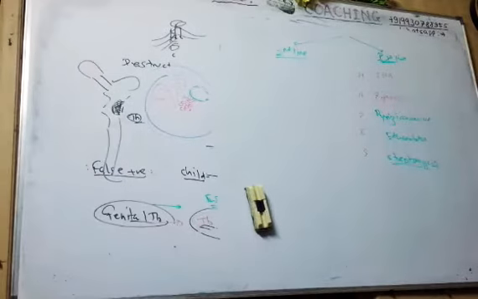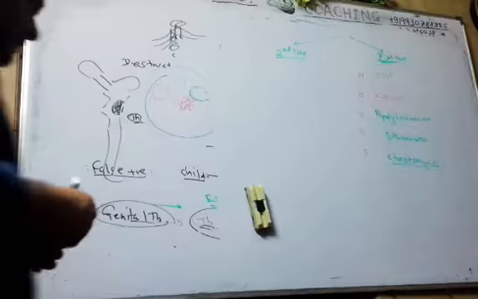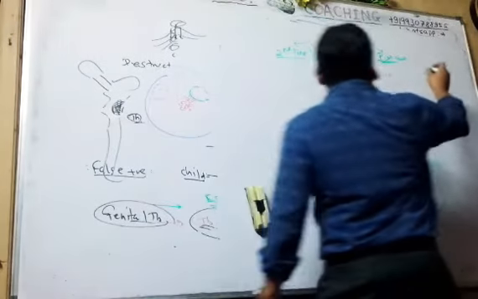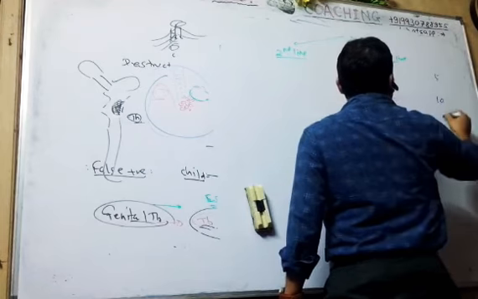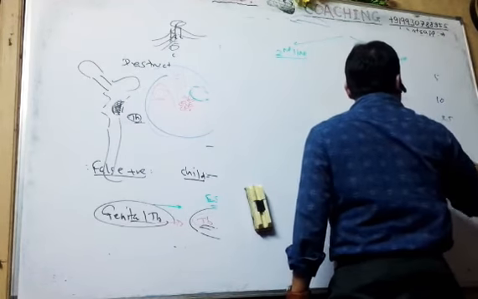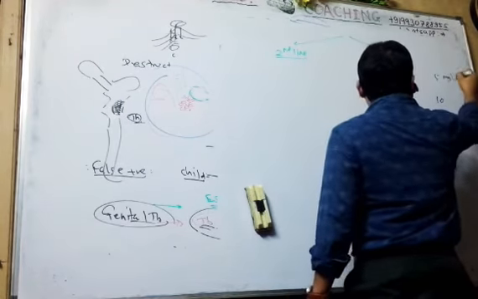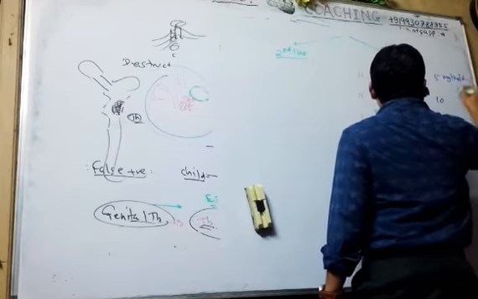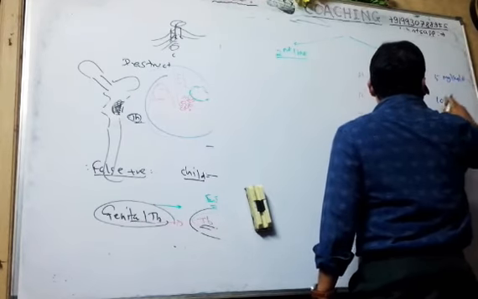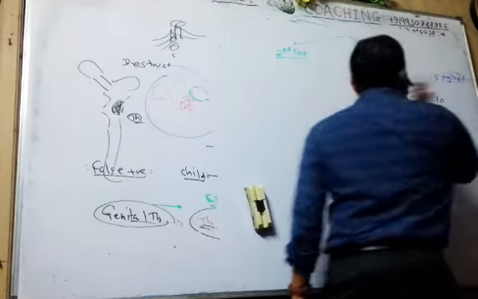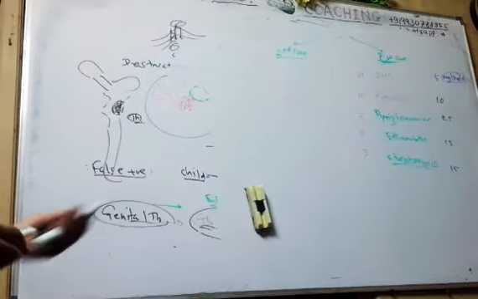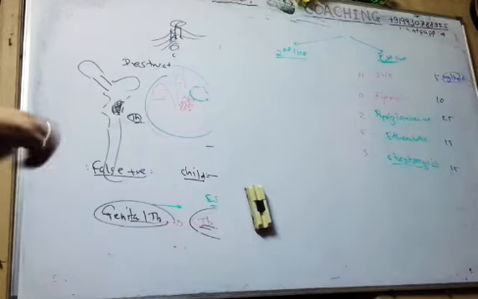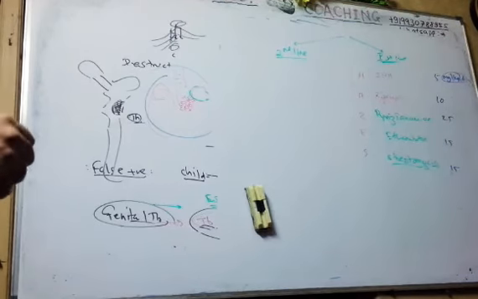Isoniazid, rifampicin, pyrazinamide, ethambutol. Doses are also very important to be learned. Milligram per kg per day or per dose. All in milligram per kg. All these drugs are milligram per kg per day.